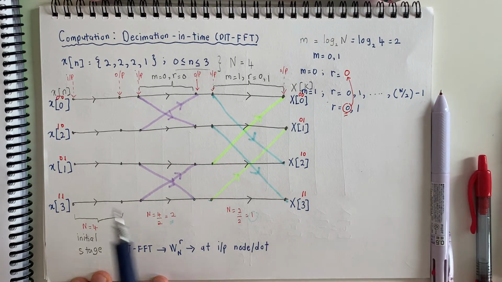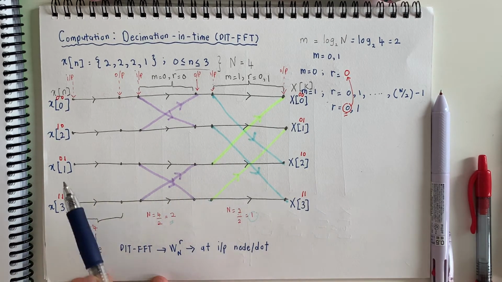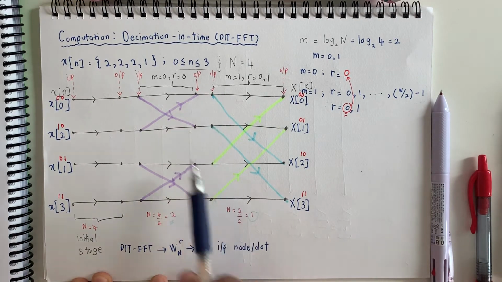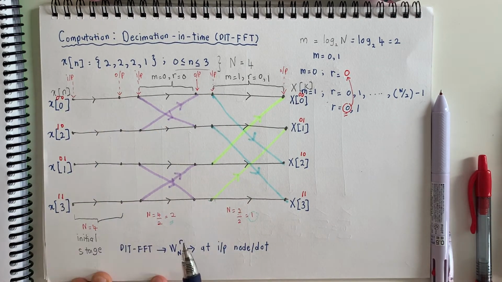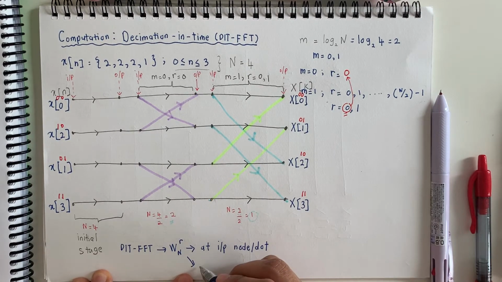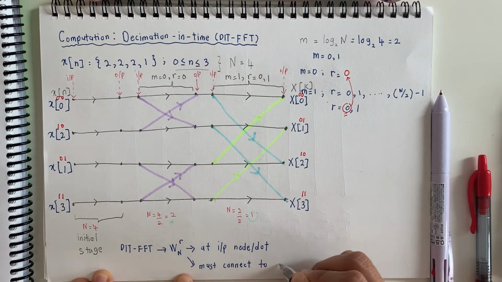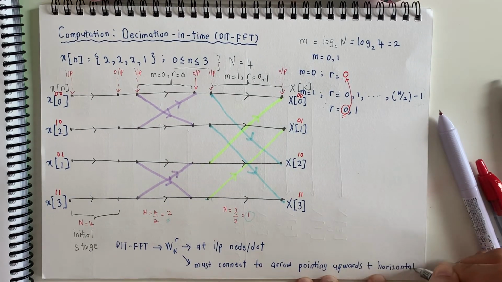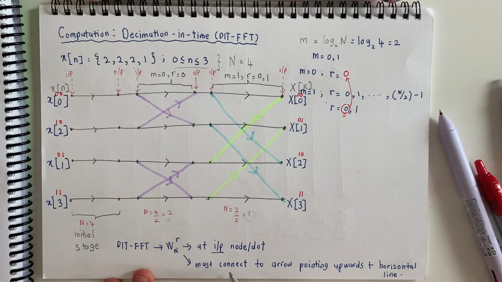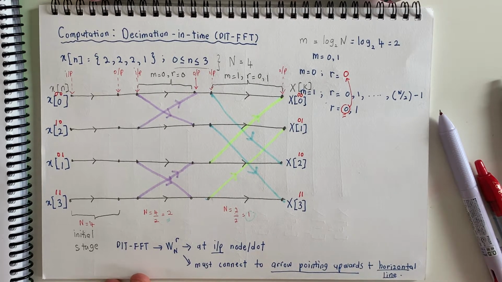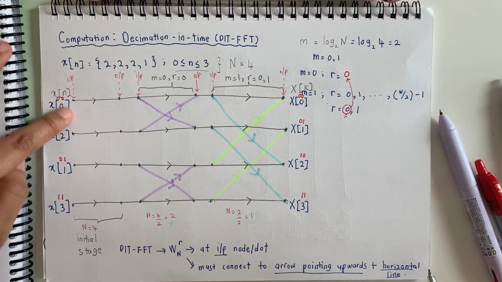Alright, if you look at this diagram, we have many input nodes, right? We have this one, and this one. So which input node? This input node must be connected to the arrow pointing upwards and horizontal lines. So this is our input.